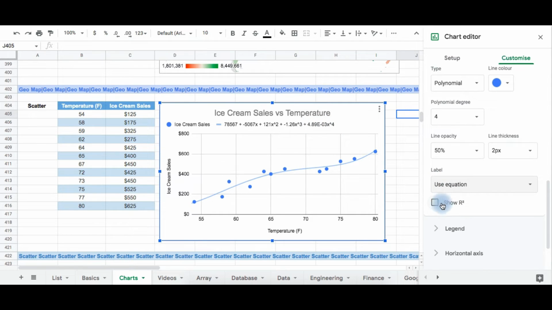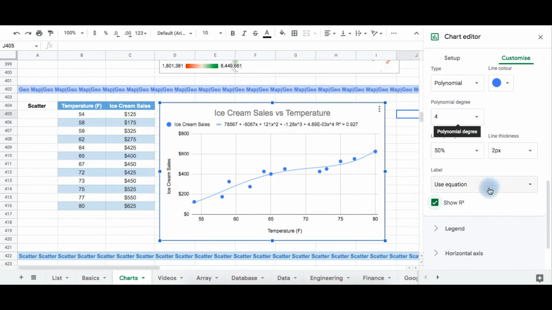And if you want to see the R value, it is basically the correlation. So this shows you how close these dots are compared to this line, so how good of a fit it is. So this is a 92.7% fit.